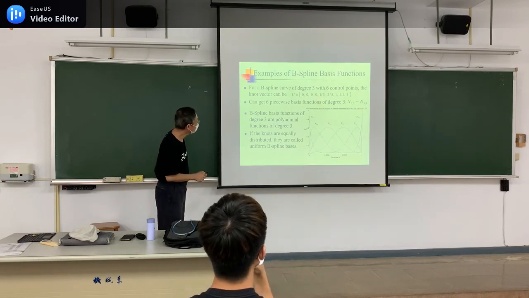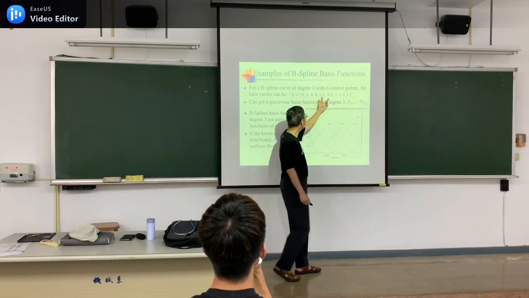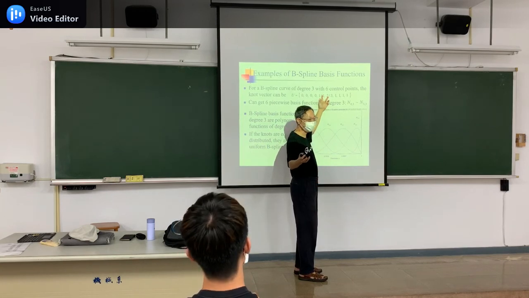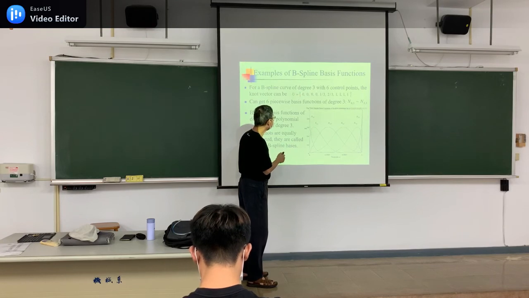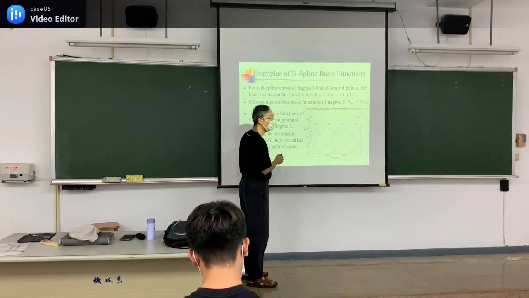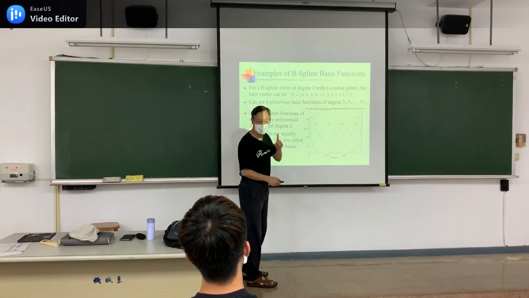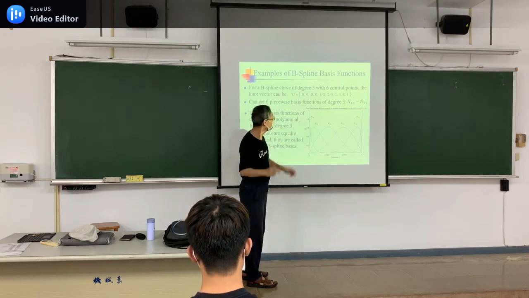Can you choose non-equally spaced? Of course, these knots can be arbitrarily chosen by you. In other words, you cannot choose this one; this has to be A, and this has to be B. A and B are the interval for the parameters.